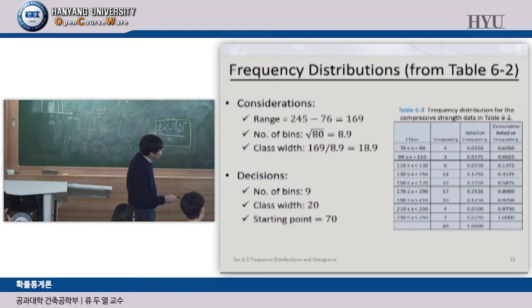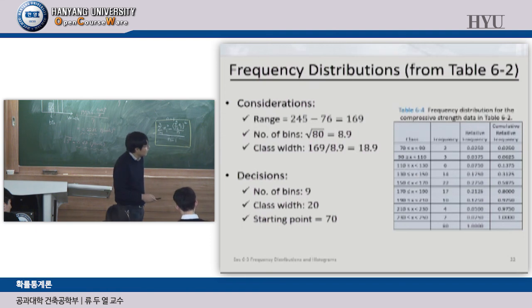And from this, we can calculate the relative frequency. What is the relative frequency? That is the frequency divided by the total frequency. So this is 2 divided by 80, this is 3 divided by 80, and so on, and this is 2 divided by 80. According to the relative frequency, we can easily see which class has the largest number of data points.